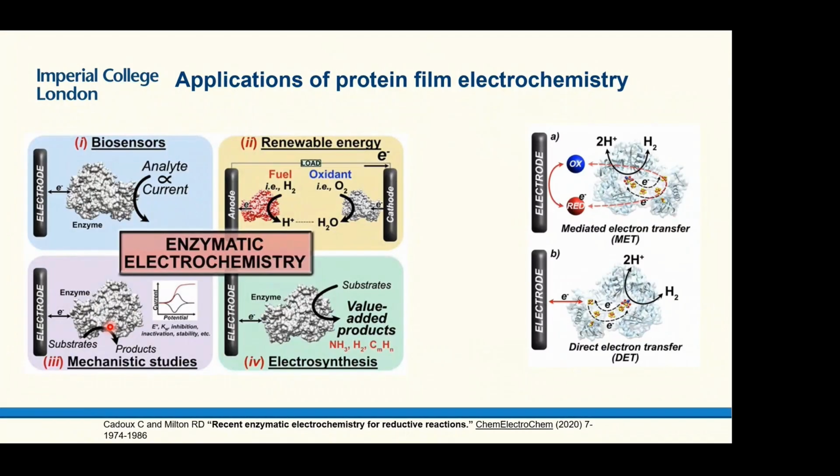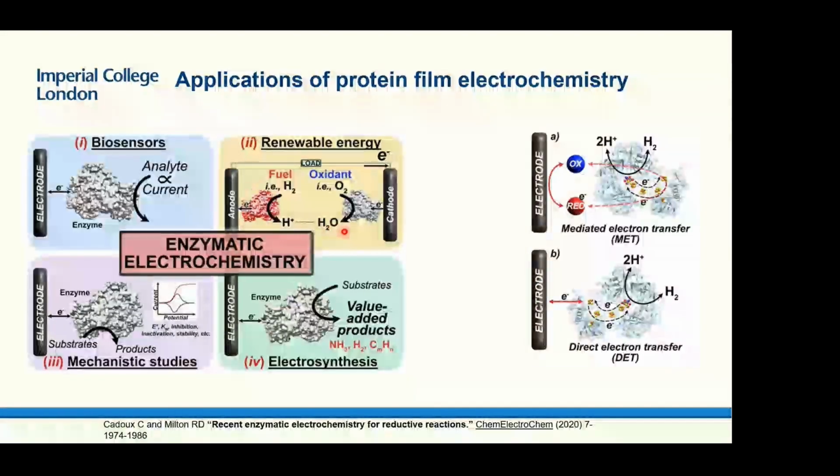This is what Max has shown for the hydrogenases. You can use these techniques to construct biosensors, in which case you have to make sure that the turnover of a specific analyte is proportional to the current that you are measuring. There are now examples of this system used for constructing renewable energy systems.